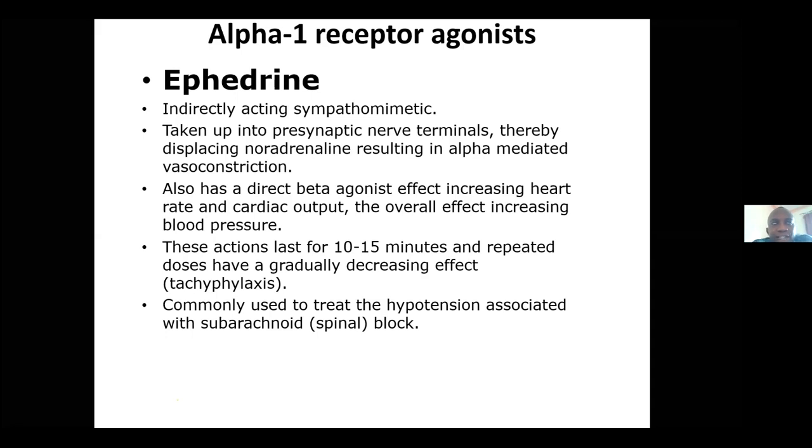So what ephedrine does, it goes into the presynaptic terminal, displaces norepinephrine, so norepinephrine is released. Remember, norepinephrine works predominantly on alpha-1, alpha-2, and beta-1 receptors, but it works on alpha-1 receptor predominantly, more than alpha-2, more than beta-1, okay?